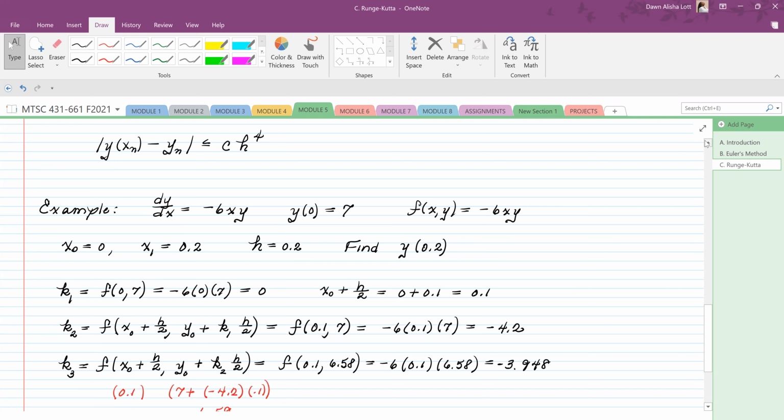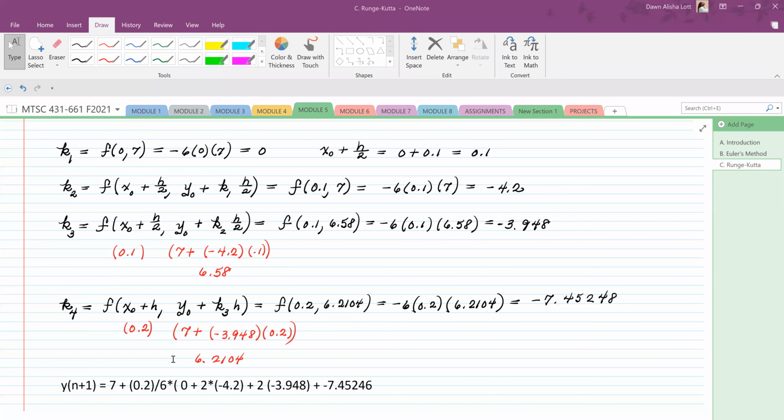Why are all my Ks... What did I do wrong? I did something wrong. Okay, the error is 7 plus... I have 0.2.